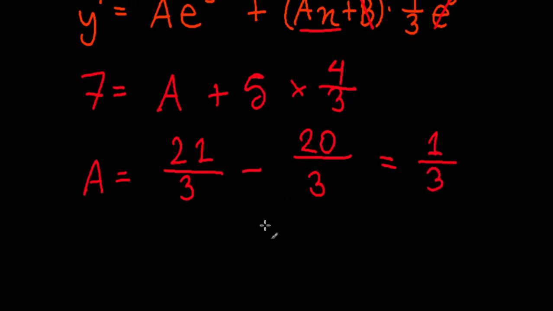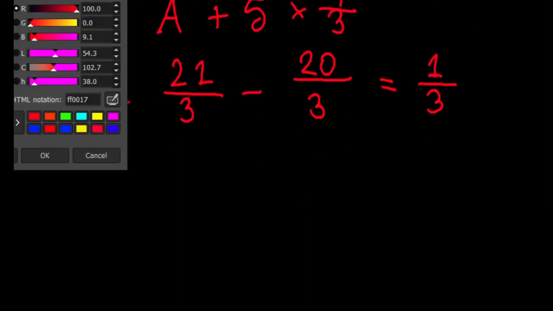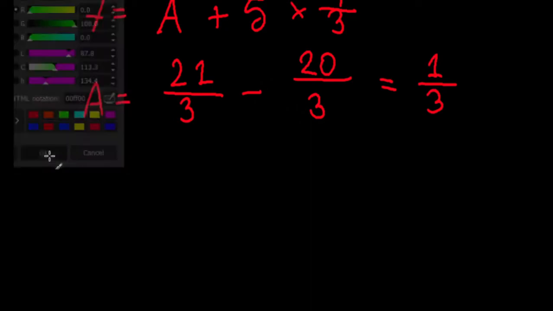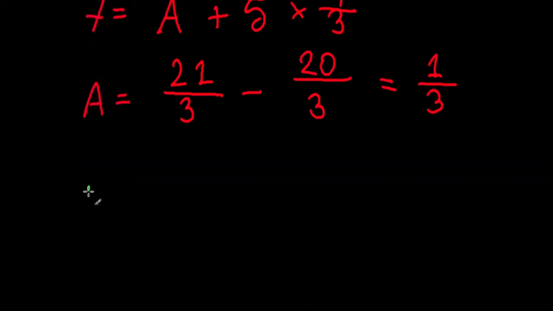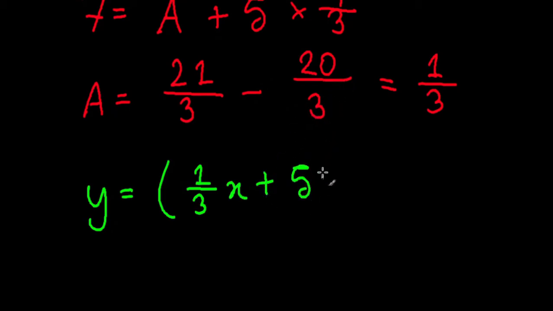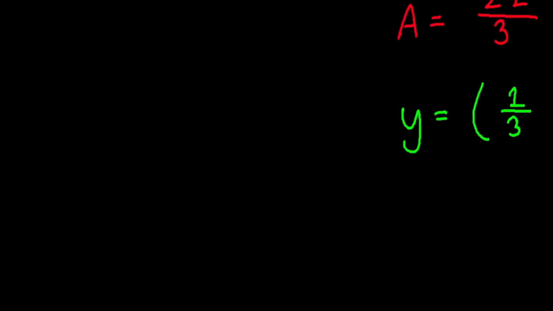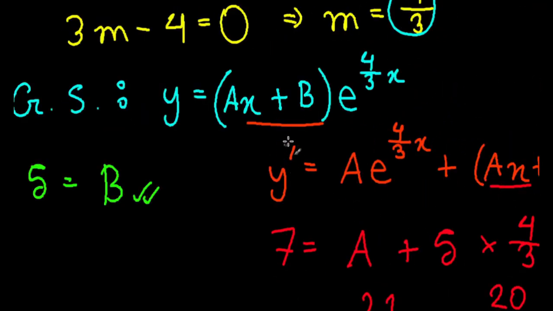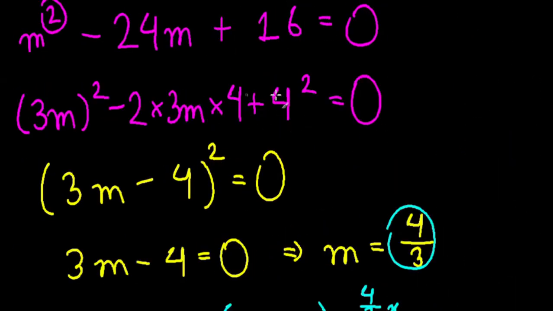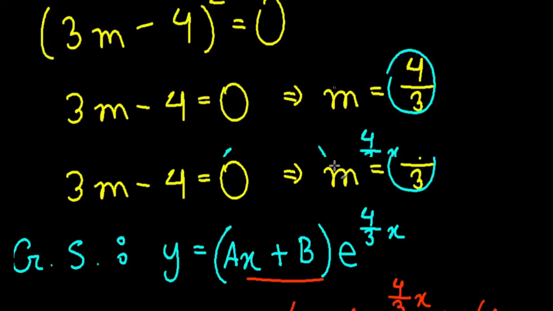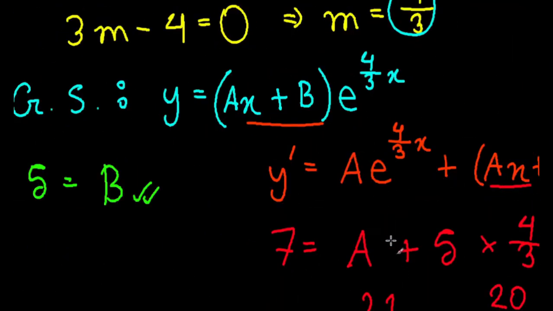All right, so given our initial conditions, our particular solution to the differential equation is y equals a, which is 1 by 3 x plus b, which is 5, multiplied by e to the power 4 by 3x. And voila, we have done all that we were told to do. We first found the general solution to our differential equation, and then we plugged in the initial conditions to find our particular solution.